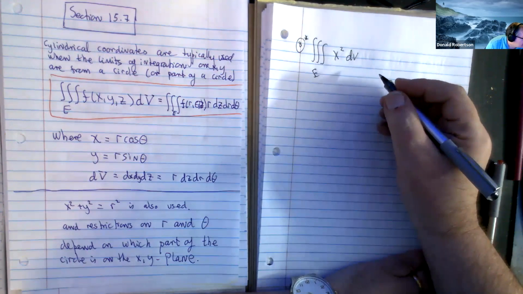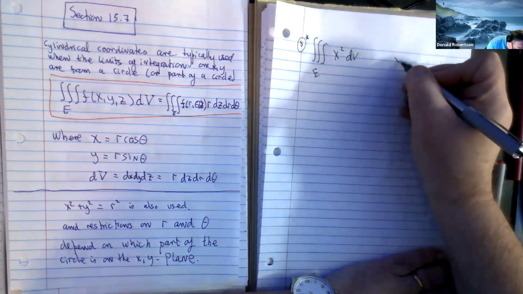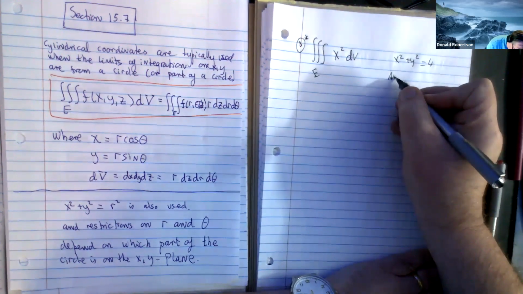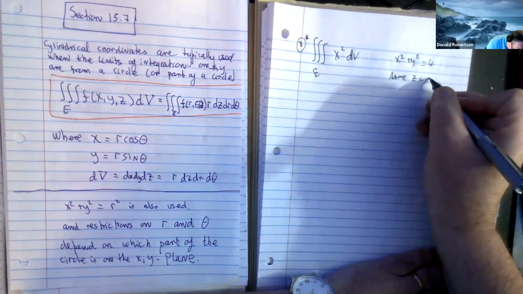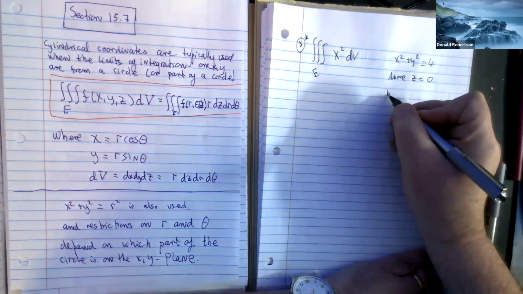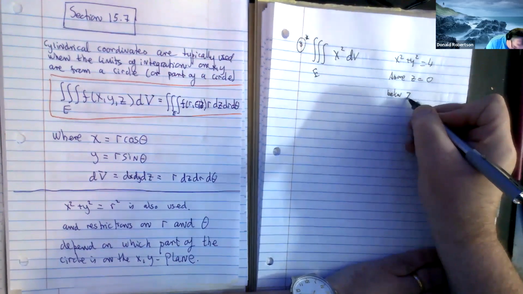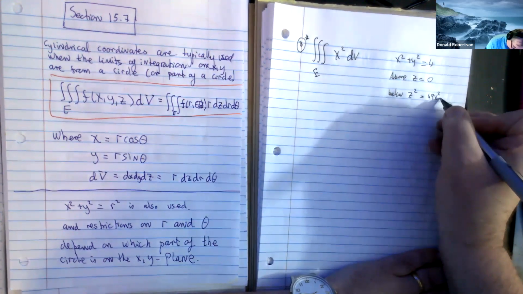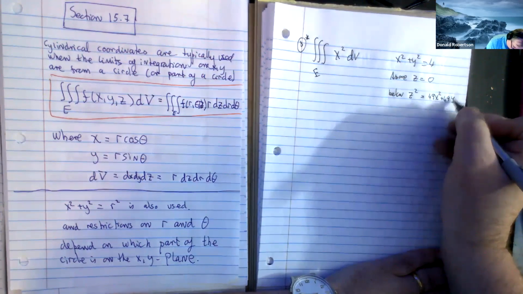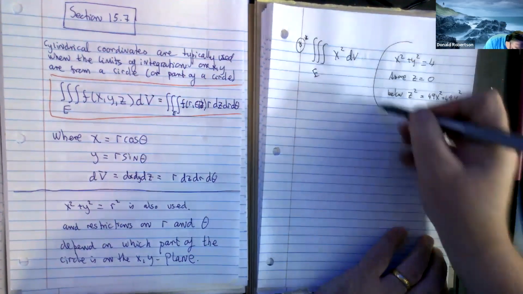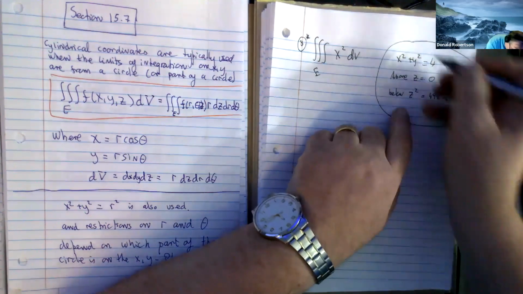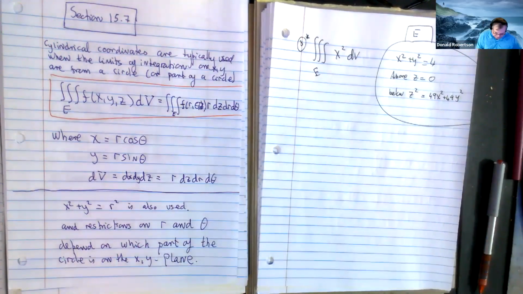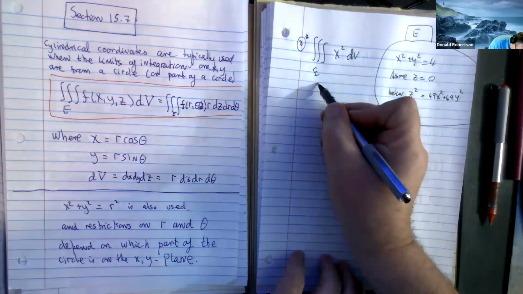And we're told that E is inside a cylinder, and it's above z equals 0 and it's below z squared equals 49x squared plus 49y squared. And that is the description of E. So that is the guy that's going to allow me to get my limits of integration.